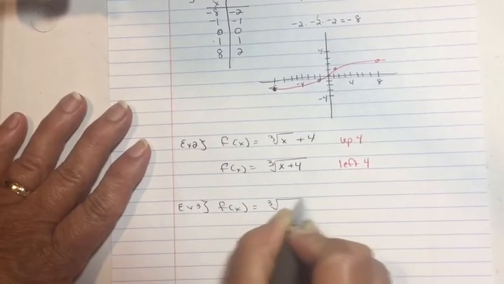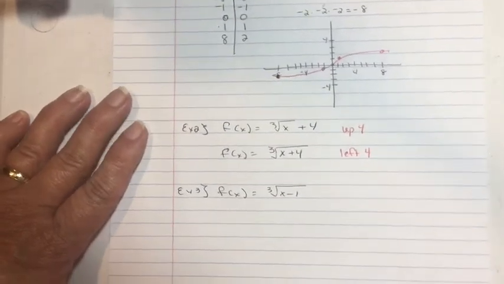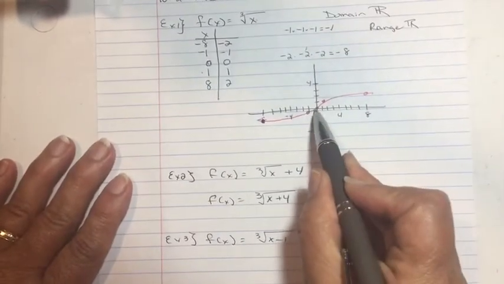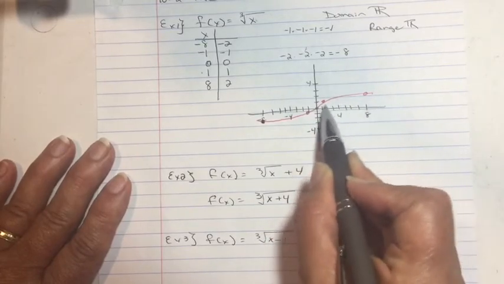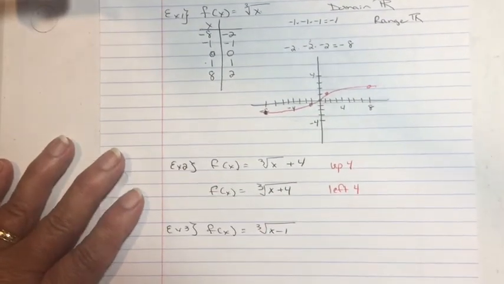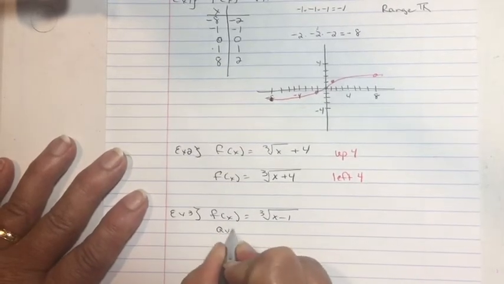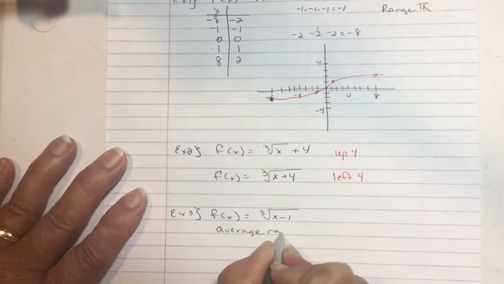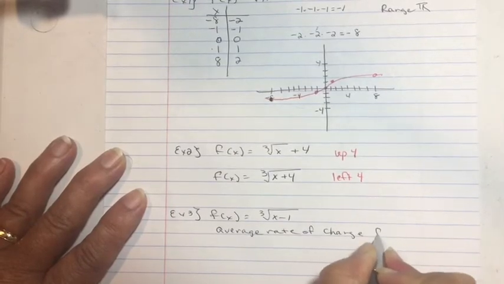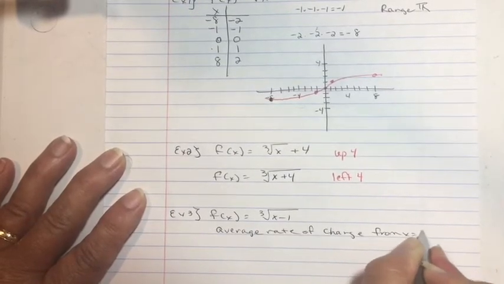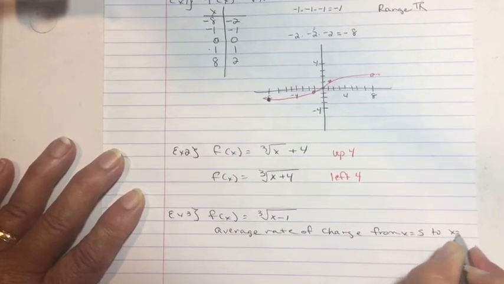Let's do the cubed root of x minus 1. Now just realize it's this graph shifted right 1, so it's going to kind of be right in here. The snake just moves over. Now for this, I want you to look at the average rate of change, and let's go from an x of 5 to an x of 9.